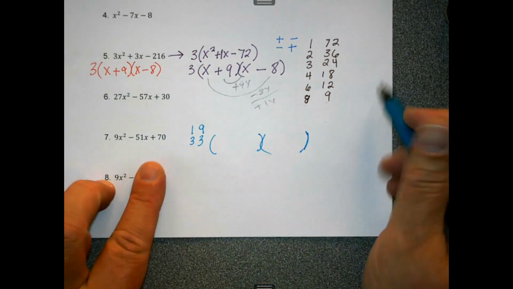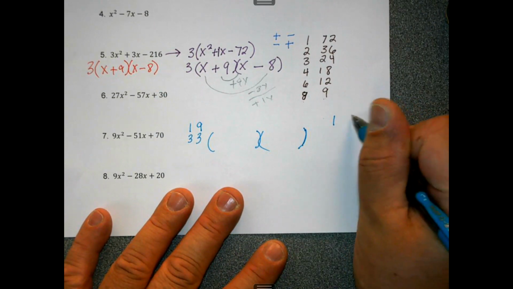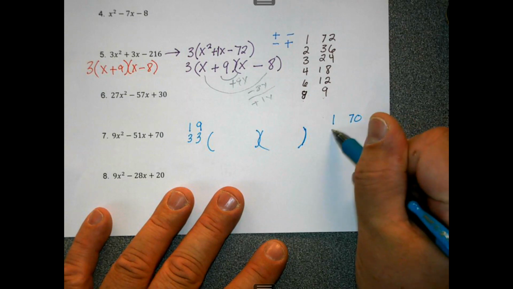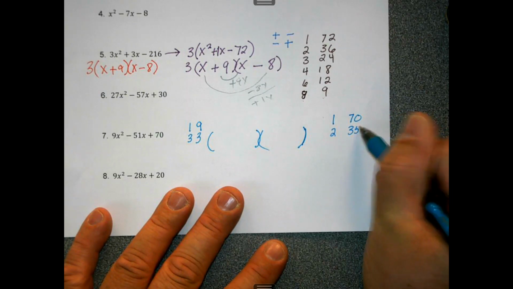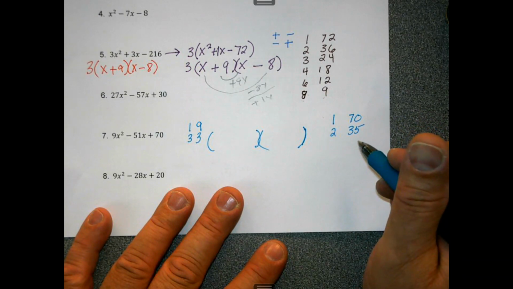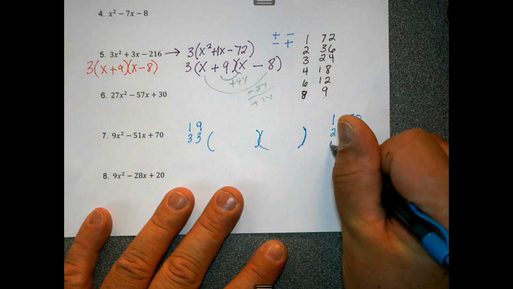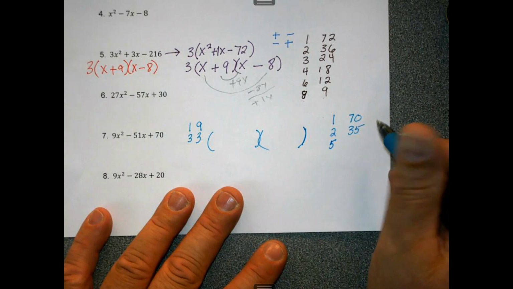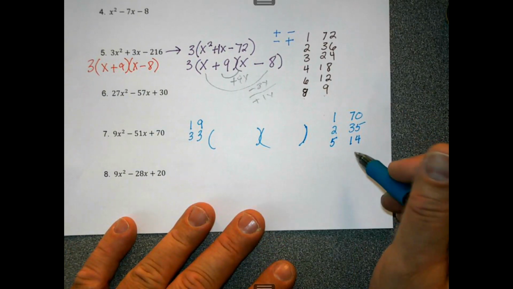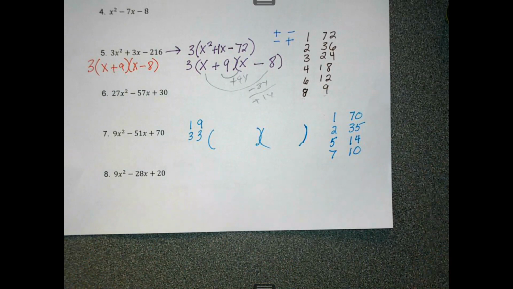Now, there's quite a few of them. So 1 times 70. See, 2 times 35. 3 doesn't work. 4 doesn't work. 5 will work, right? 5 times 14. 6 doesn't work. 7 times 10 works.